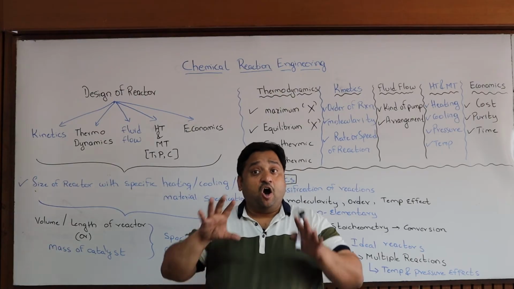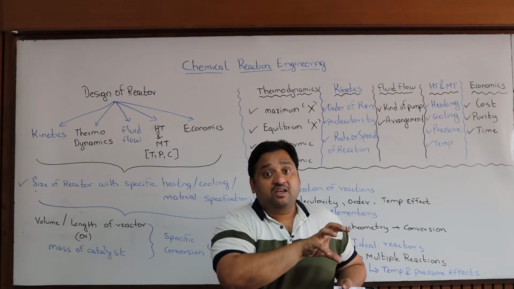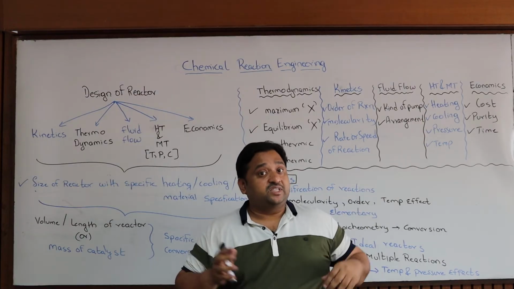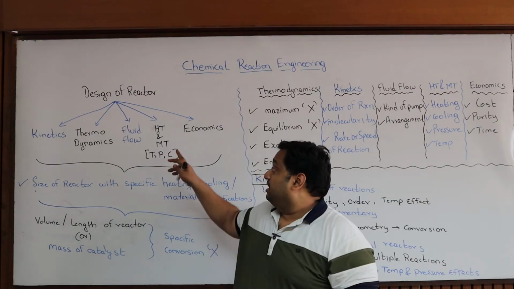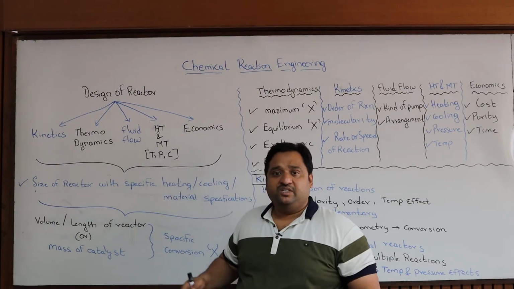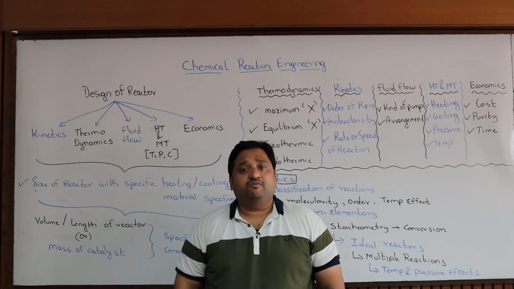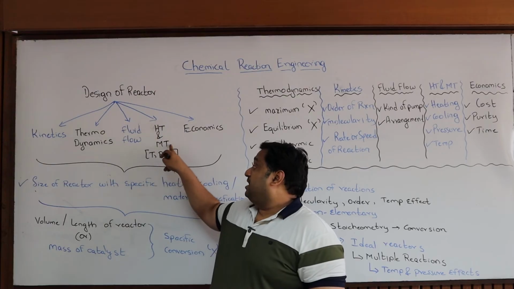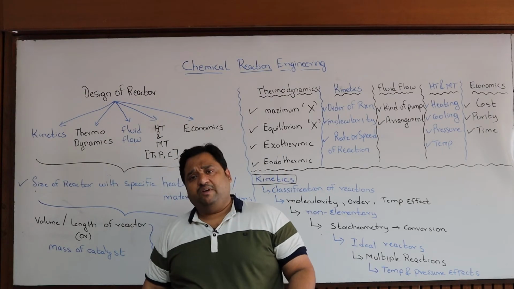In such cases, how do we arrange it: multiple inlets and multiple outlets, or a single inlet and multiple outlets? These are the arrangements we have to decide for the mass transfer process. Basically, what temperatures, pressures, and concentrations we have to deal with in this kind of heat transfer and mass transfer effects.